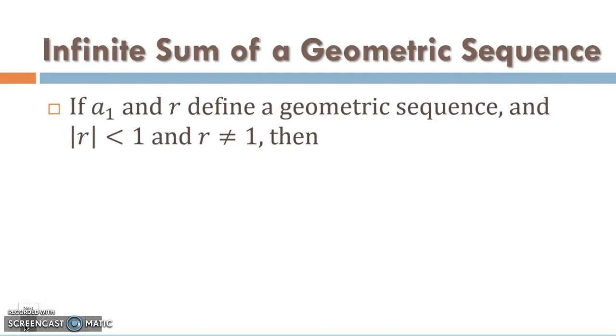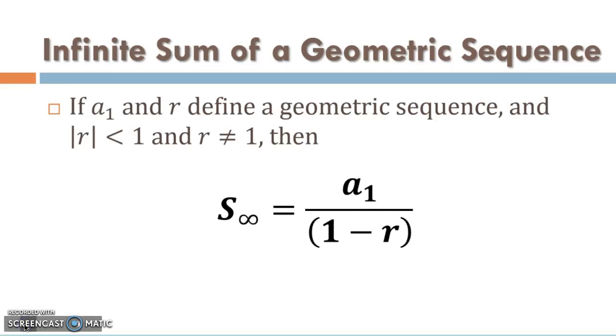The common ratio of 2 was infinite. But if the absolute value of R is less than 1, then we can find an actual sum. And it looks like this.